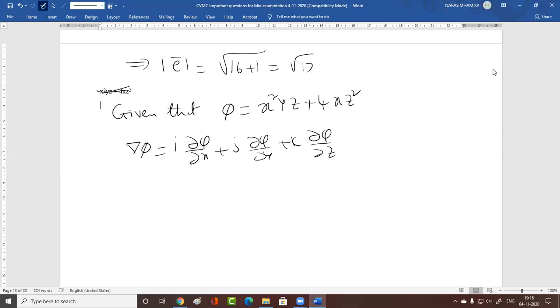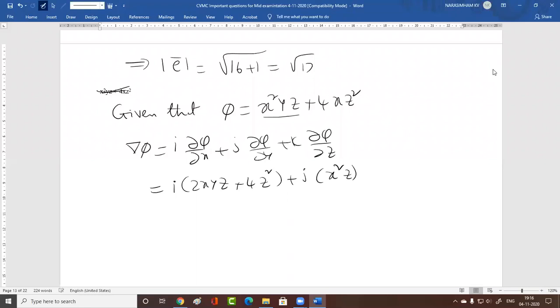Now find the gradient. I into partial derivative with respect to x is 2xyz plus 4z square, since the x derivative is 1. Plus j into partial derivative with respect to y, only one y term, so x square z.